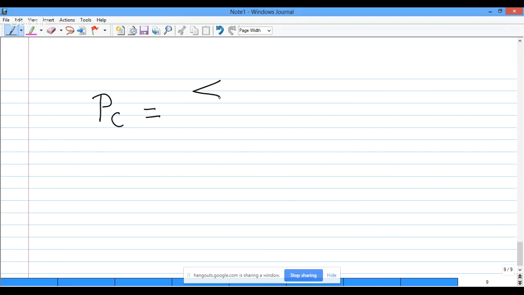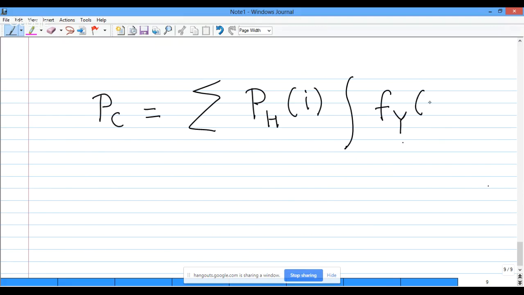It is given by first the probability that you have transmitted hypothesis i, multiplied by the probability of being correct given hypothesis i, which, as I looked at on the last page, was this. So this is the overall probability of being correct.